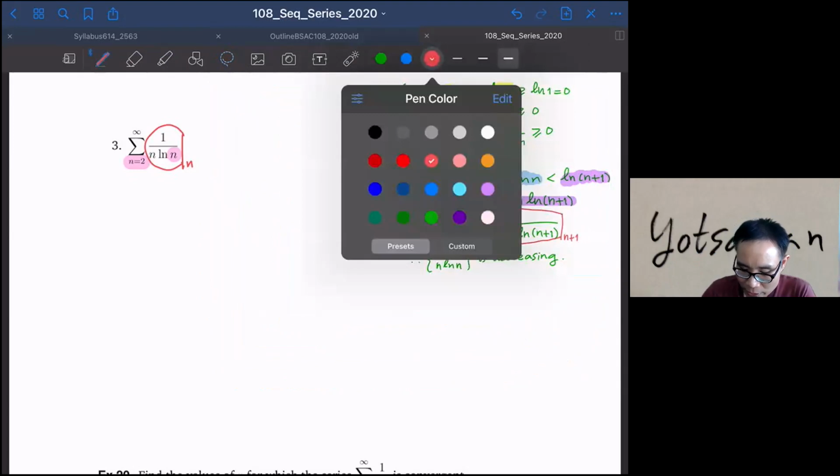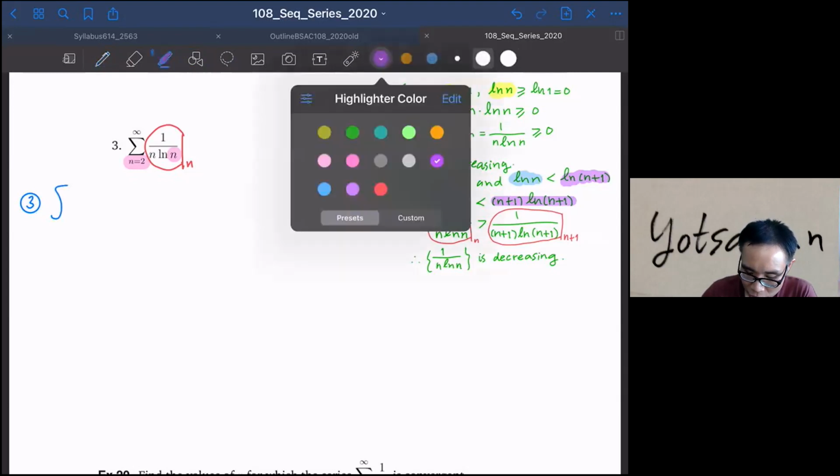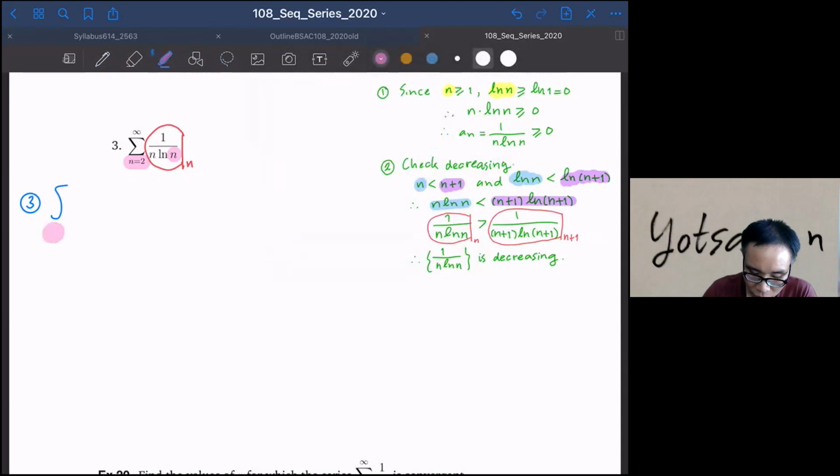So you're going to do the integral. The third step here is that you're going to compute the integral. Like I told you, you're going to start at 2, because of the pink guy that you see from the series. So it's going to be the integral from 2 to infinity of 1 over x log x dx. I'm going to let you do this one on your own first.